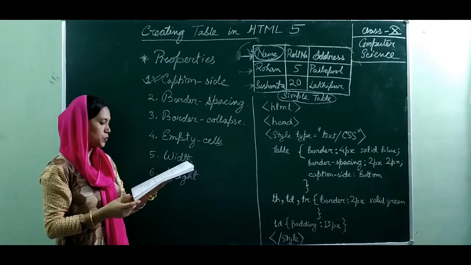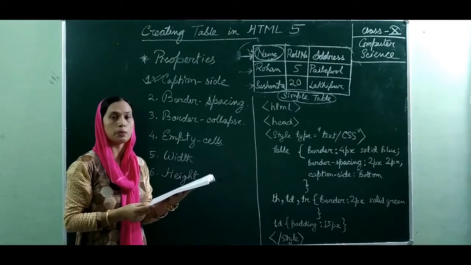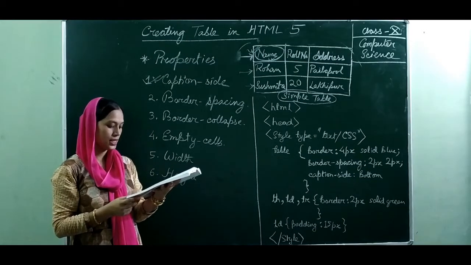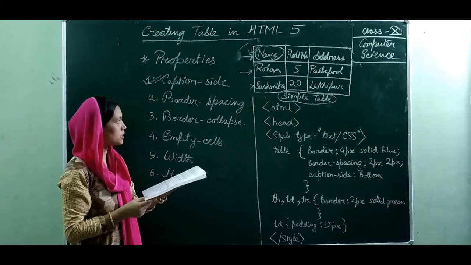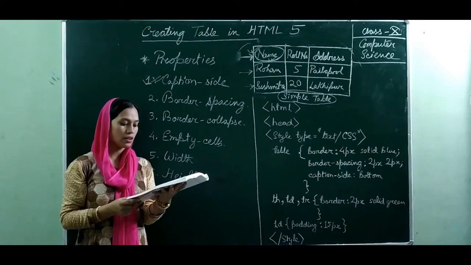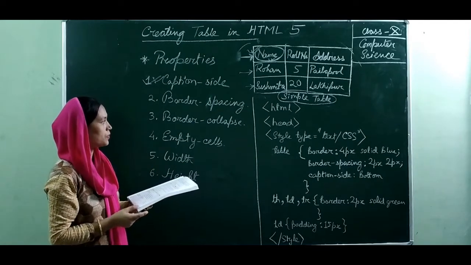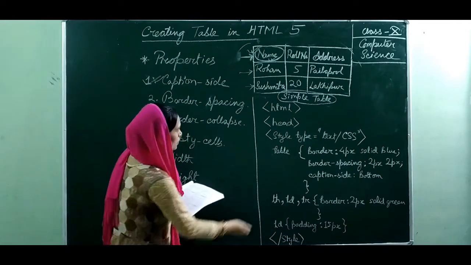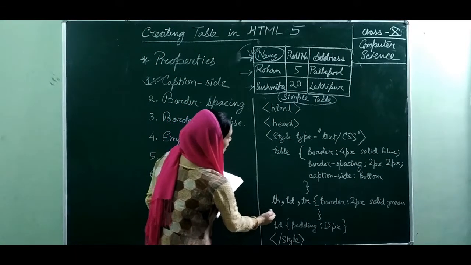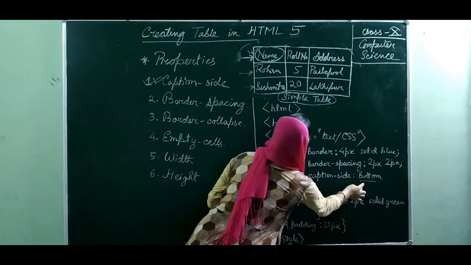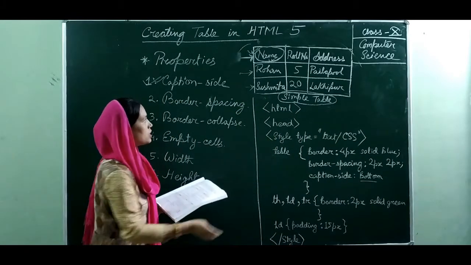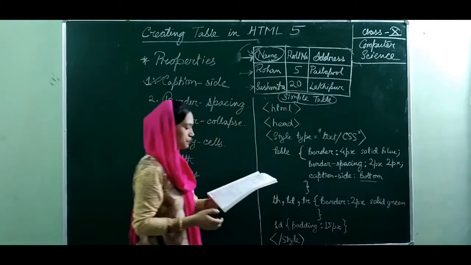In the property we have two values, that is bottom and top. If you want to apply the caption at the top of the table, then you write the value top. Here you can see on the other side, in the CSS, we have written caption side bottom. That means we are displaying our caption at the bottom of the table.